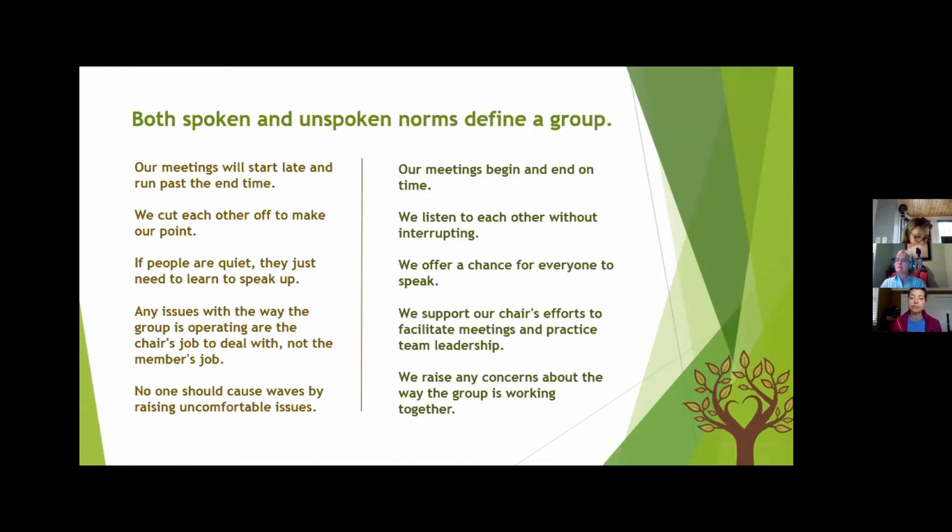And we'll raise any concerns about the way the group is working together. Again, this can be difficult for people to do in this culture, but we're going to talk more about how to do that in some communication behaviors. So you get some sense here of how you can have spoken and unspoken norms in a group. And at least by articulating some spoken norms, you are making forward progress in getting everybody on the same page.